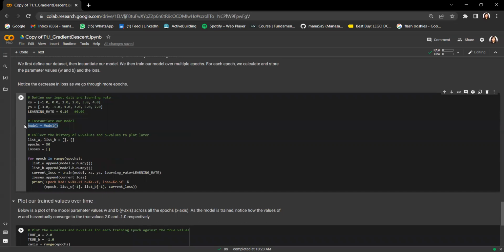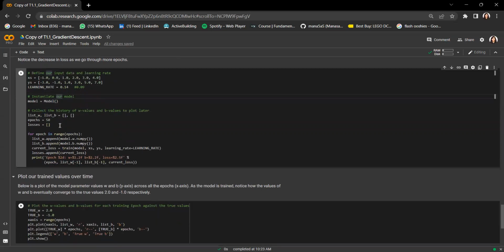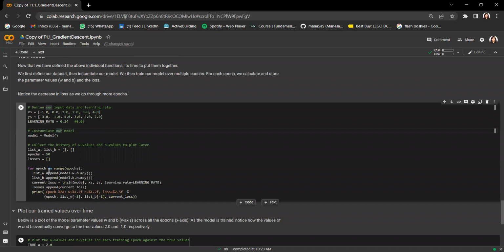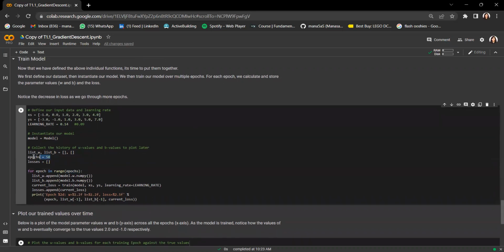Next, we're going to instantiate our model, so create basically an object of our model class. And we're going to perform this training procedure for a fixed number of epochs. So in this example, we run for a fixed number of epochs, but there are more robust ways to determine when to stop training. So here we define epochs as 50.